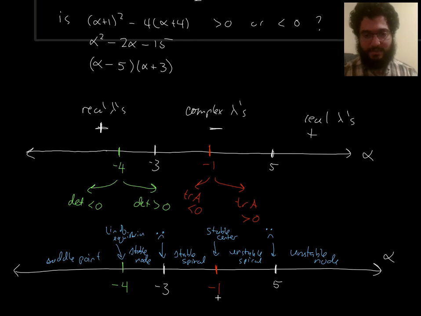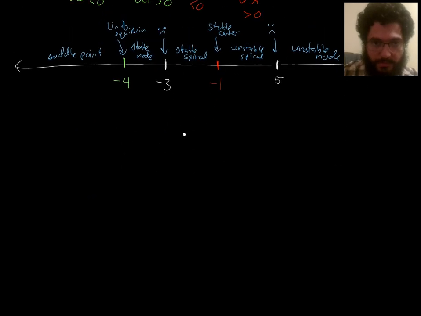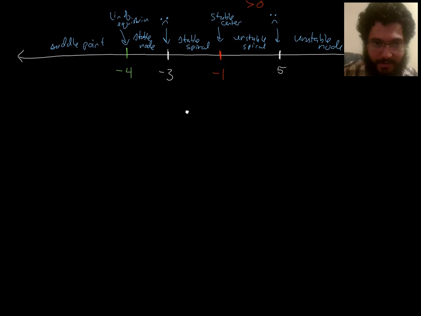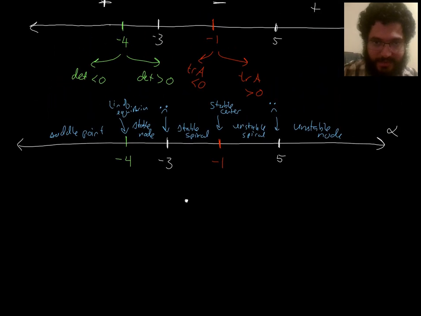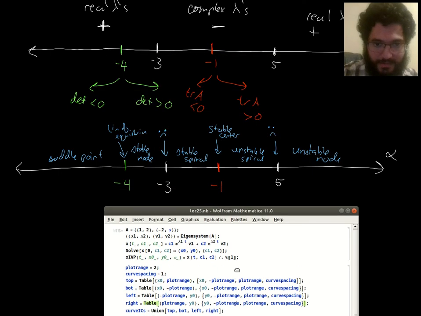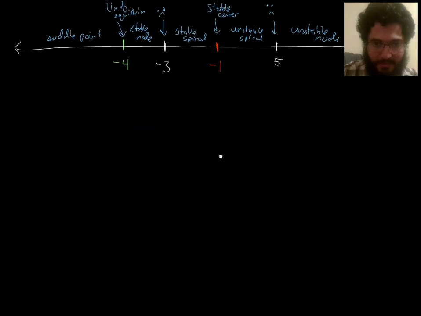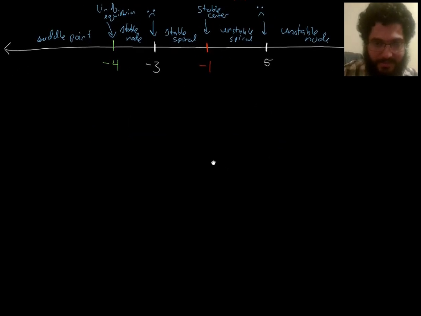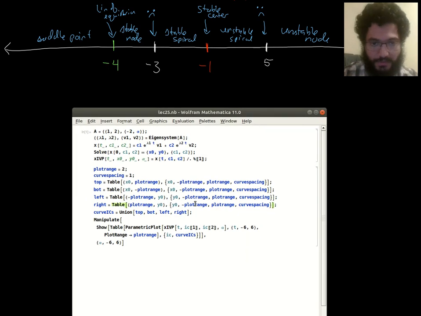Now, aren't you just dying to watch an animation of this actually play out in the phase plane? So let me see if I can fit everything here. So here it is.